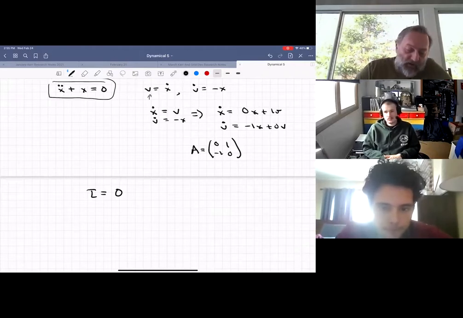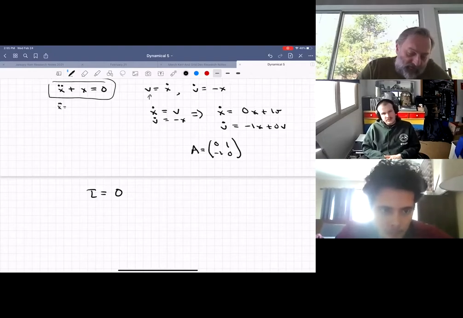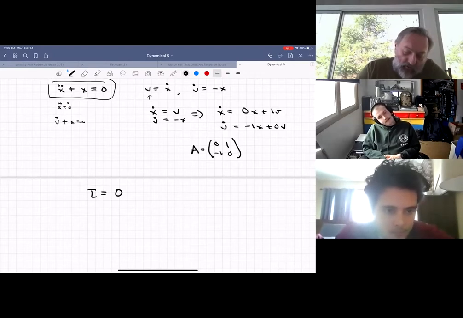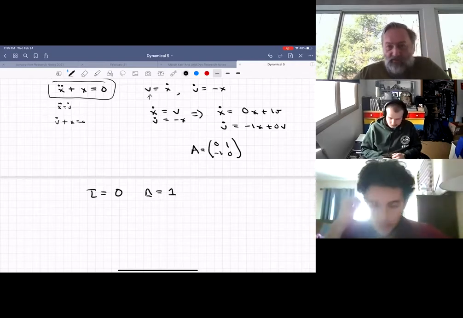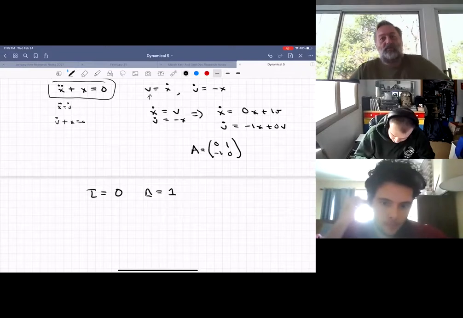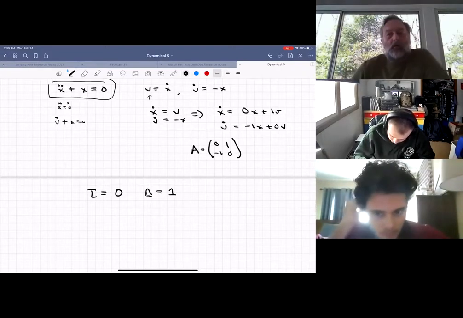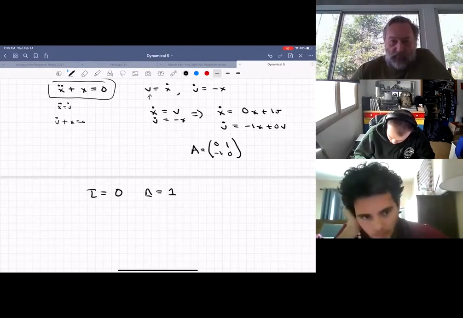So x double dot is equal to v dot. So v dot plus x is equal to 0, or v dot is minus x. You're just making a substitution to reduce the order of the differential equation. Yep. And the determinant is plus 1 because it's 0 times 0 minus 1 times minus 1. Everybody good with that?